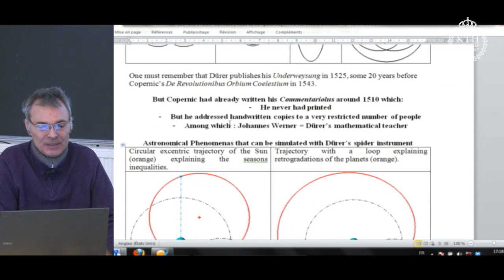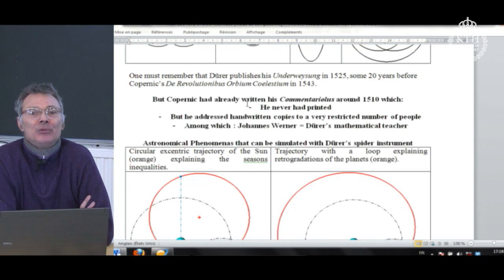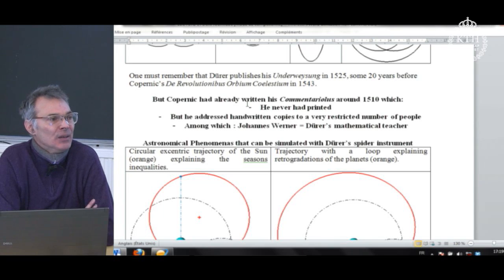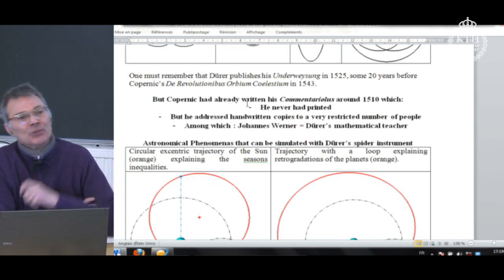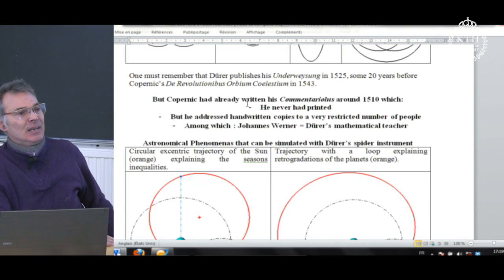What you have to understand is that most probably Dürer, even if he's not mentioning it, is aware that this instrument was used at his time in order to simulate the movement of the planets. Already the word planeo in Greek means to wander, to rove, because the planets, as opposed to the stars, do not follow a circular trajectory regularly.